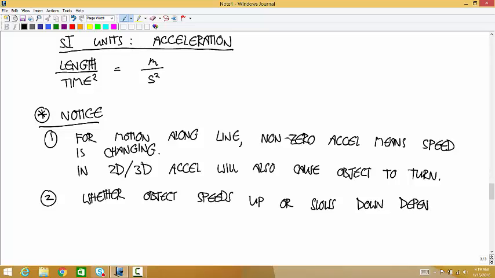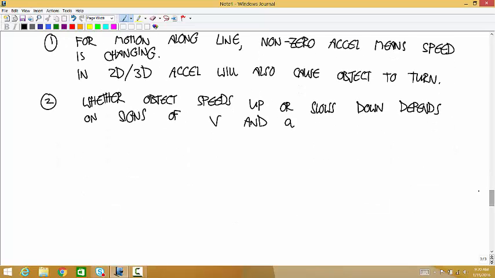Depends on the signs of velocity and acceleration. If velocity and acceleration have the same sign, then the object is speeding up.